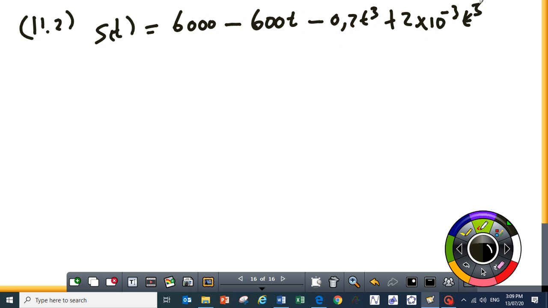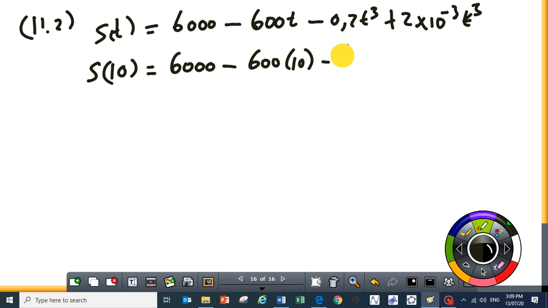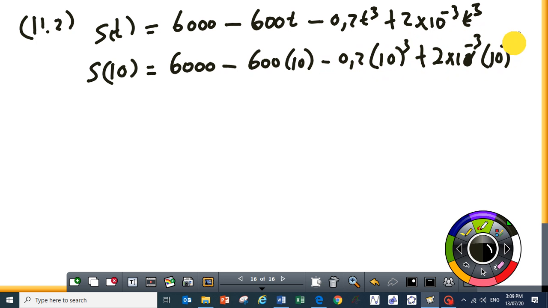Yeah, like that. So we need to say s(10) is equal to 6,000 minus 600 times 10 minus 0.2 times 10 cubed plus 2 times 10 to the power of minus 3 times 10 to the power of 5.